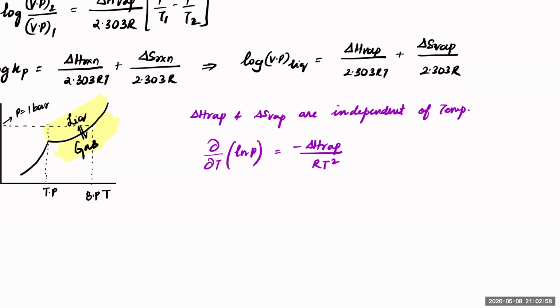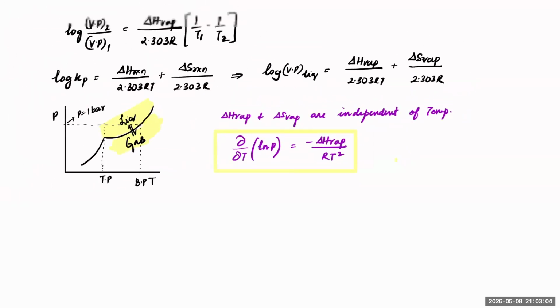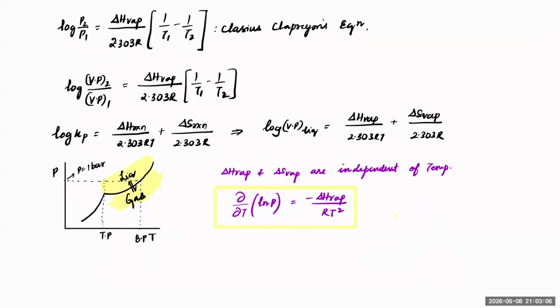So this is actually another representation of Clausius-Clapeyron's equation. Everyone clear on that?